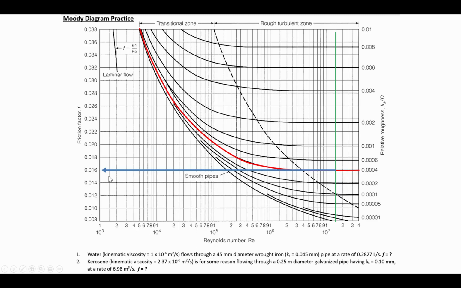So it would have been that same f value if it was 3 times 10 to the 7th, or if it was 8 times 10 to the 6th. The Reynolds number changing doesn't adjust the f value once you get to the right of that dashed line. Once we're in the fully turbulent zone, then further increases of Reynolds number do not change the f.